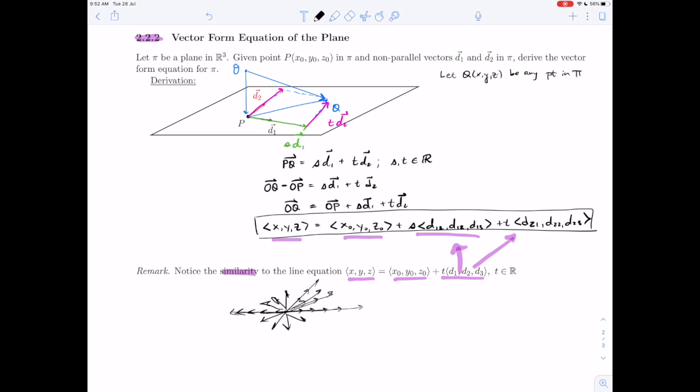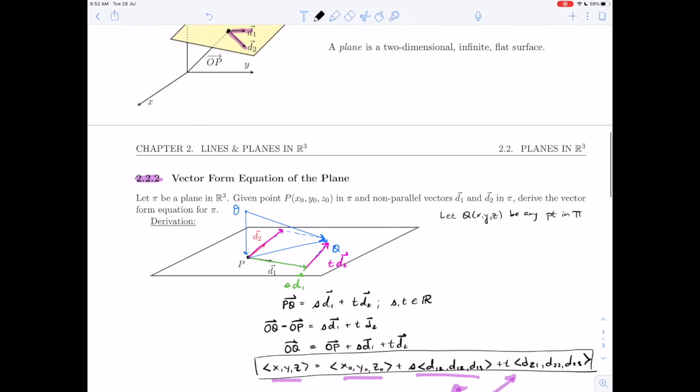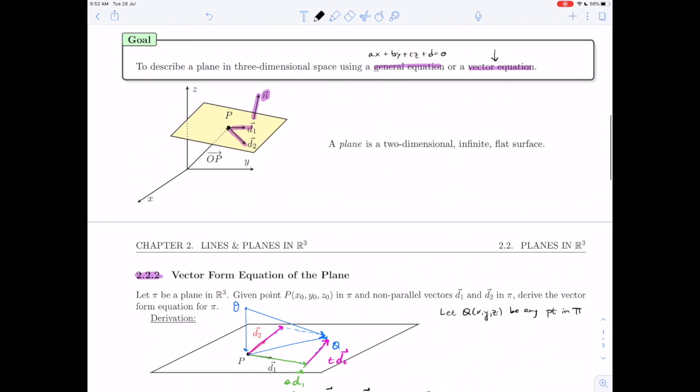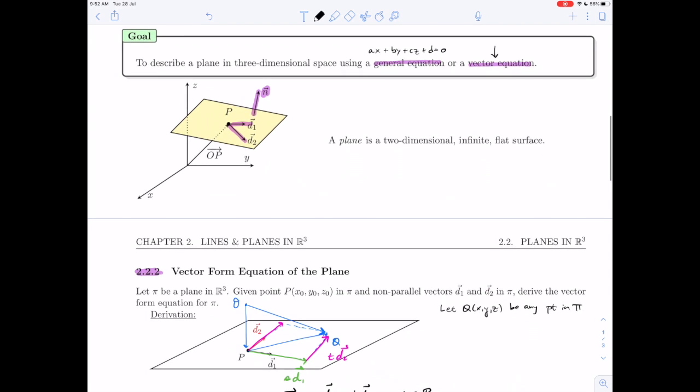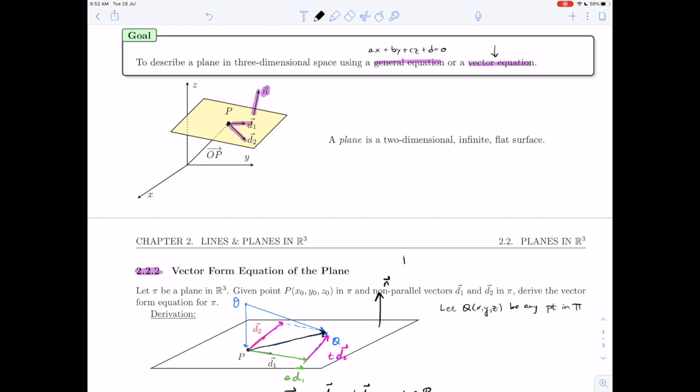Secondly, I want to point out the difference, right? The normal form equation that we used before, ax plus by plus cz plus d equals 0, relied on the fact that we had a vector perpendicular. Our vector PQ was perpendicular to the normal vector.